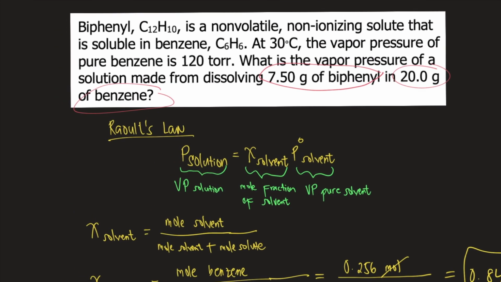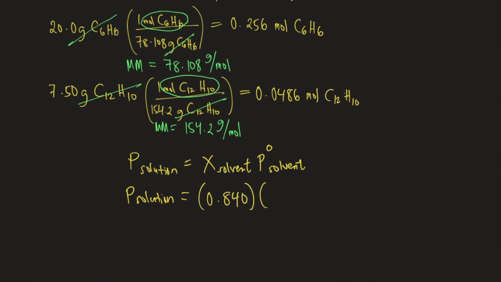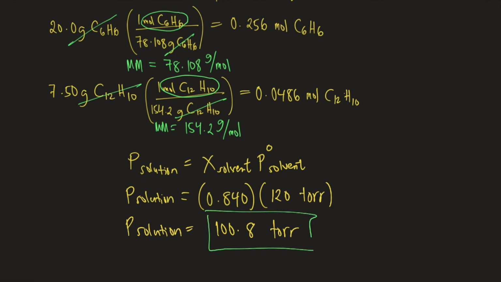It says here the vapor pressure of pure benzene is 120 torr. So the vapor pressure of solution is equal to 0.840 times 120 torr, which is equal to 100.8 torr. And this is the answer to the question.